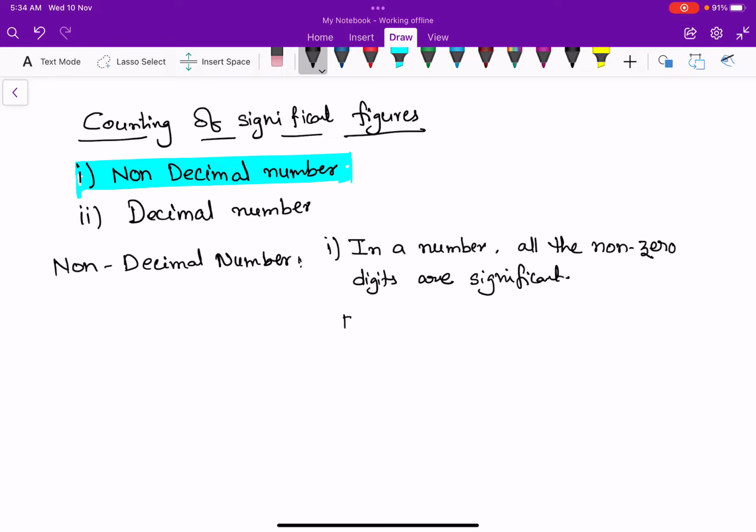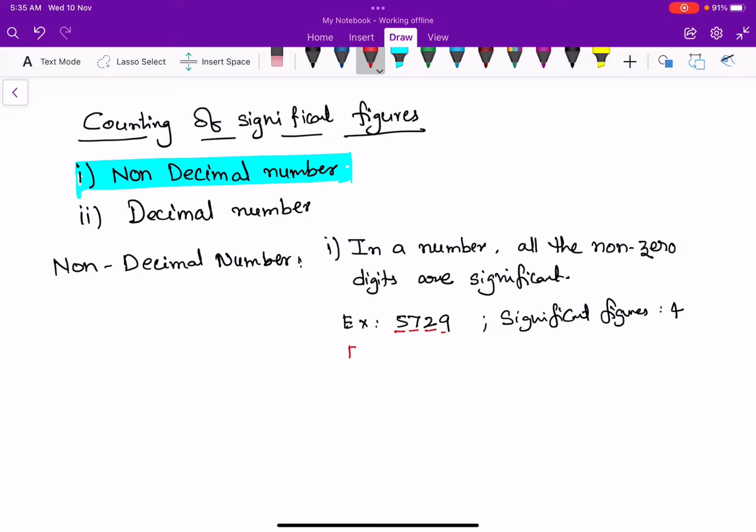What is that? 5729. These are all non-zero digits in a non-decimal number. How many significant figures are there? 4. 1, 2, 3, 4.